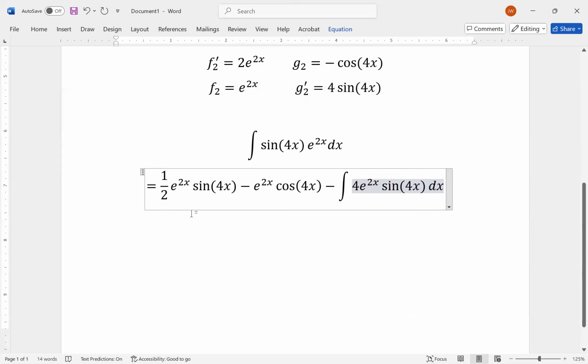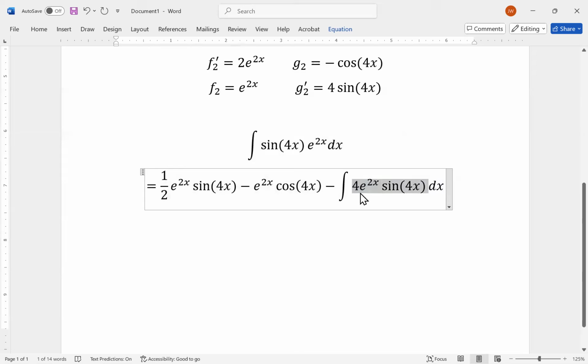Now you may think that didn't help me. I still have an exponential function and a trig function in here. And if we were trying to find this integral directly, we'd be kind of out of luck because we'd have to do another step here, another step here, another step here.